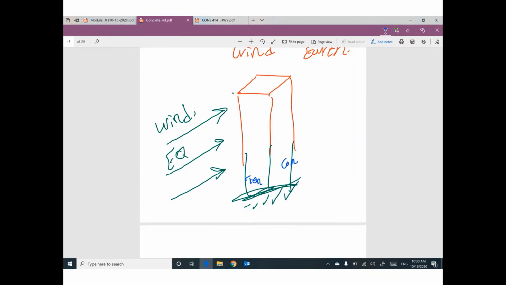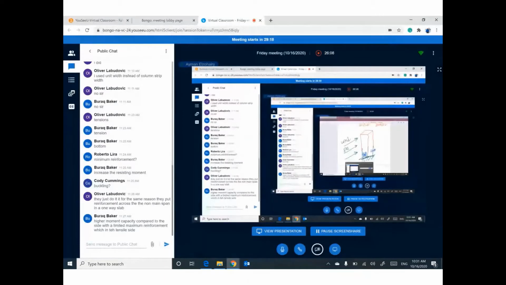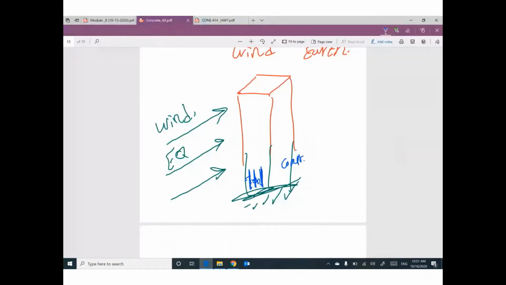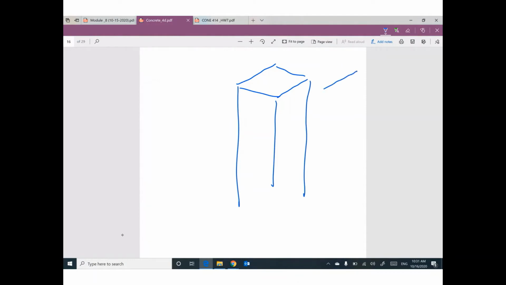So we need steel reinforcement here. Do you agree? Probably the next time, the wind or earthquake will come from this direction. So tension will be here and the compression will be here.